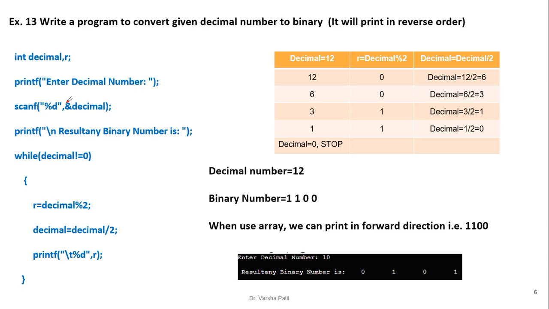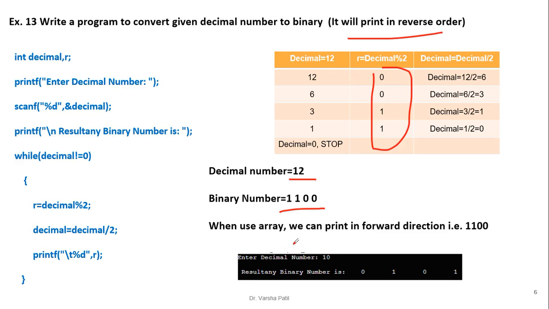Now the next program: converting a decimal number to binary. Here, as we are not using any advanced concept like an array, we will compromise on the answer, so it will print in reverse order. For example, if the decimal number is 12, then the binary number is 1100. Here it should print 1100, but we are printing the answer in the reverse direction, that is 0011.